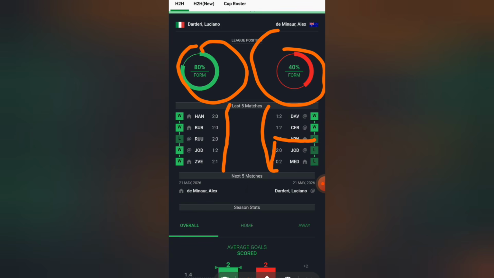But had it been that the home team had four wins in his last five games, the away team must also have at least three wins out of his last five games. This will account for 60% form, which is above the average of 50% form. So let's assume that you want to be strict with this particular strategy.